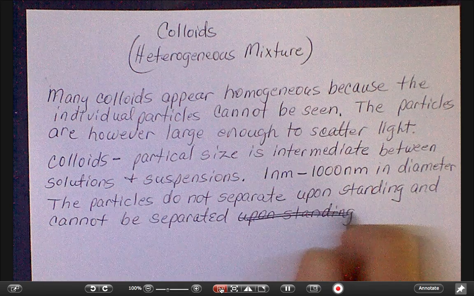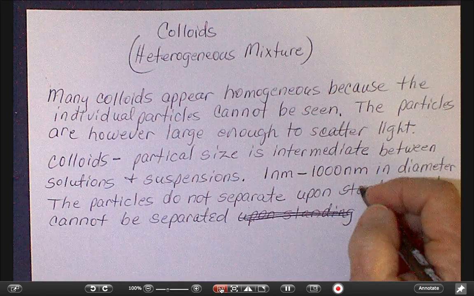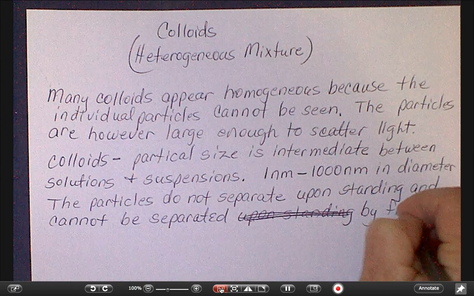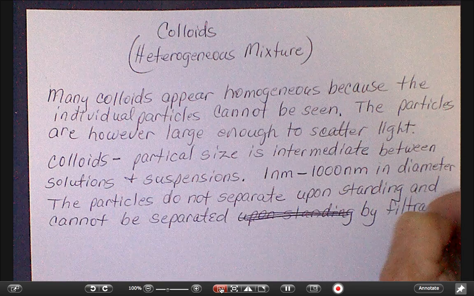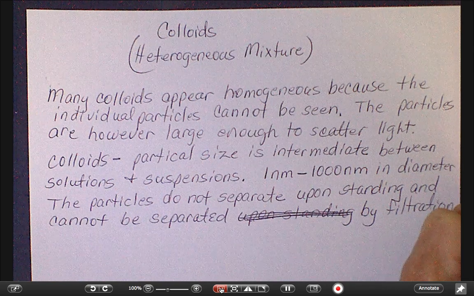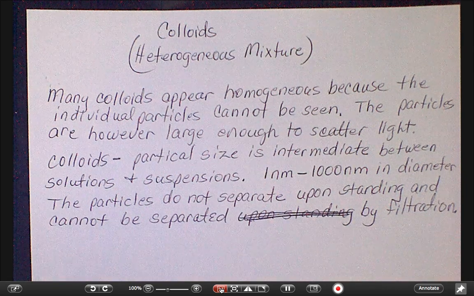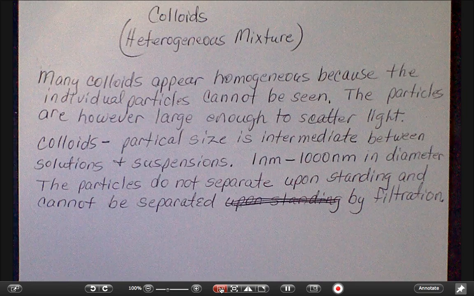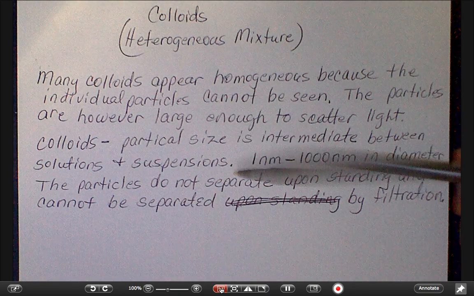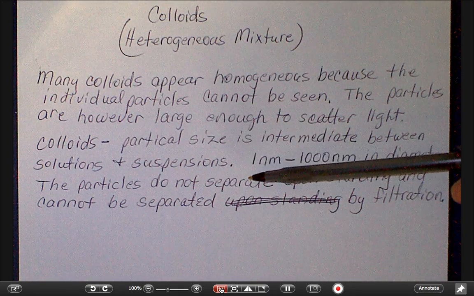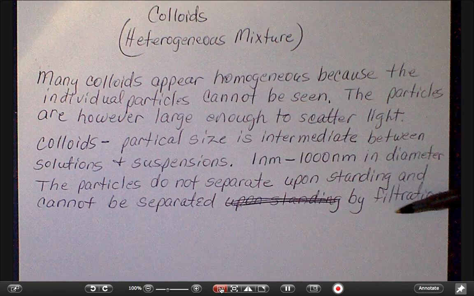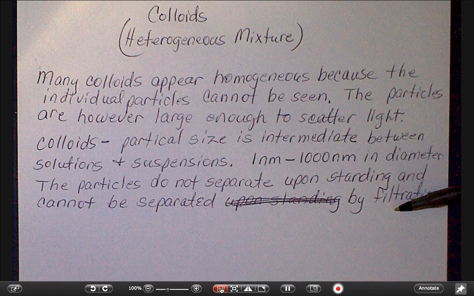No. Wrong line. I looked at the wrong line. Cannot be separated by filtration. Okay. So it's a heterogeneous mixture, except the particles don't separate upon standing, and they cannot be separated by filtration. So that's like a solution.